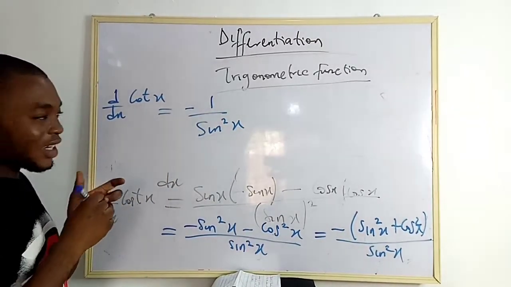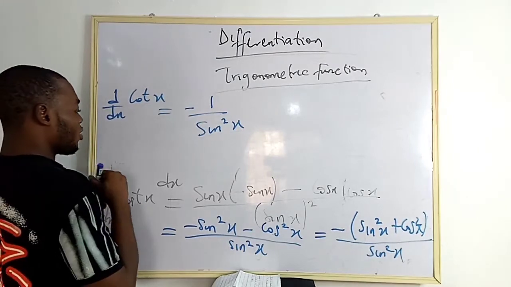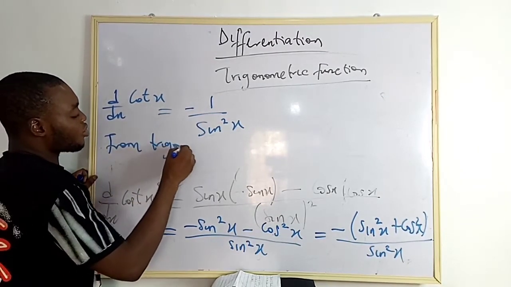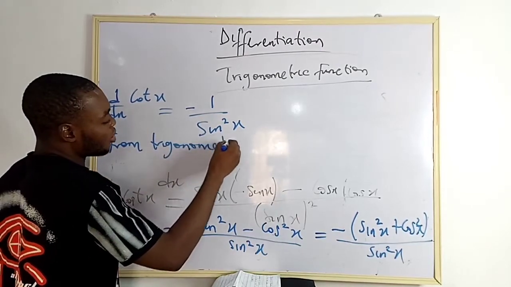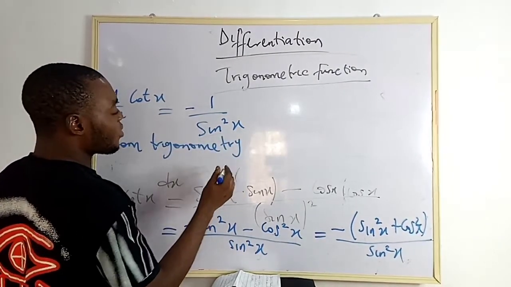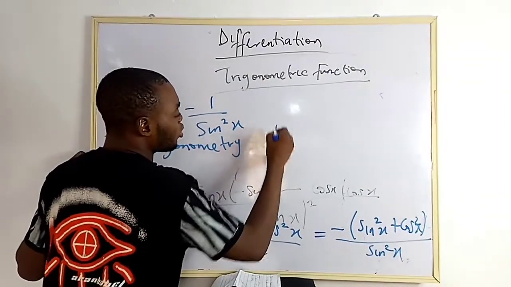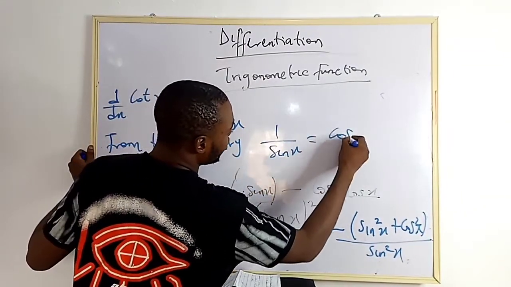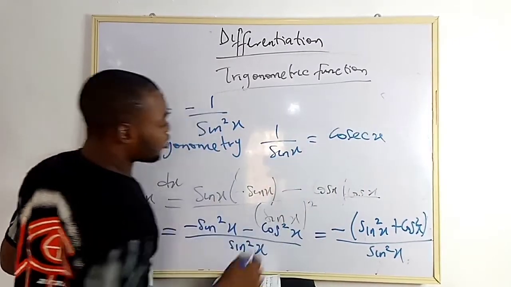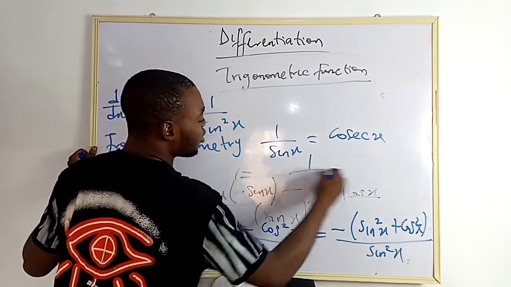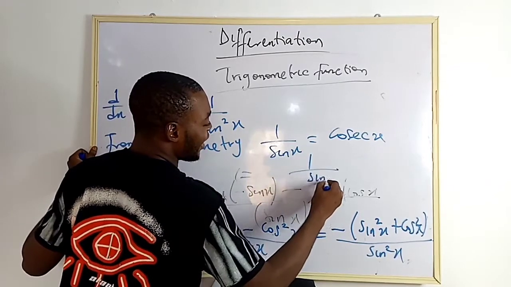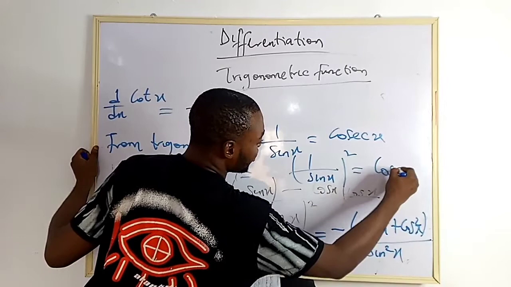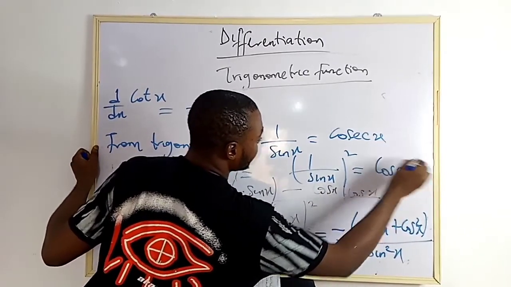But from trigonometric identity, we know that 1 over sine x is equal to what? Cosec x. Which implies that 1 over sine x, everything squared, will be equal to cosec squared x.